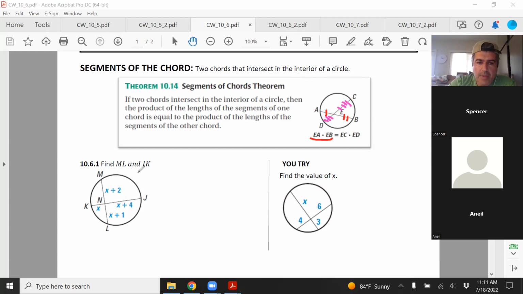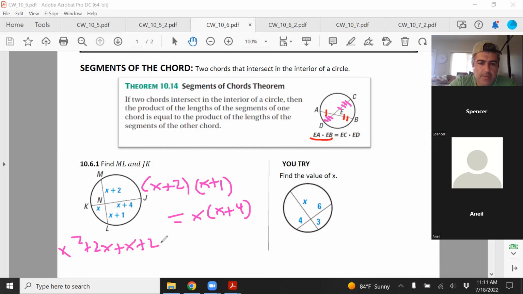So like for 10.6.1, x plus 2 times x plus 1 equals x times x plus 4. And then you have to solve for x. So you're gonna have to FOIL the left side. There'll be x squared plus 2x plus x plus 2 equals x squared plus 4x.